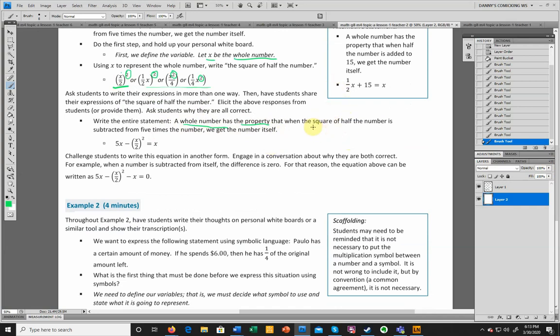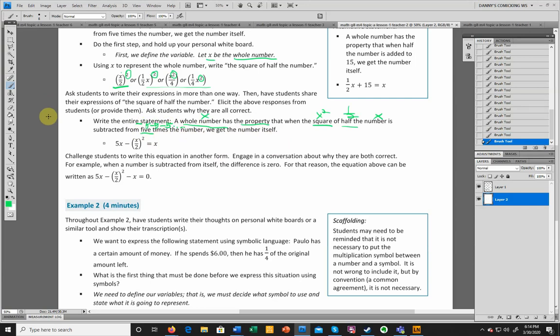That when the square, meaning a number times 2, the square of half, meaning 1/2 the number x, is subtracted, so the whole number is x, remember, subtracted 5 times, that's minus 5 minus 5 minus 5, 5 times. The number, we get the number itself.